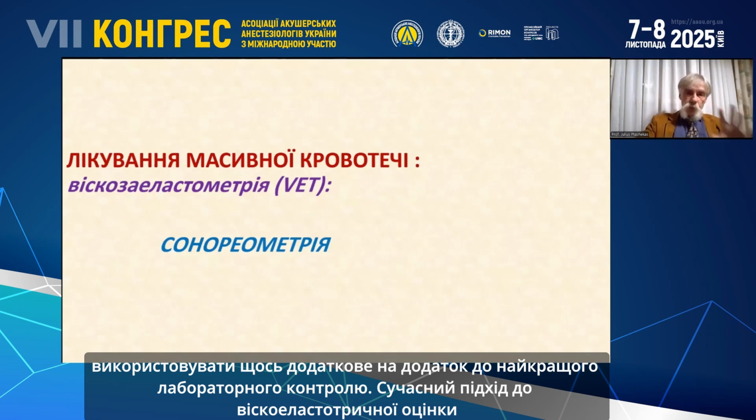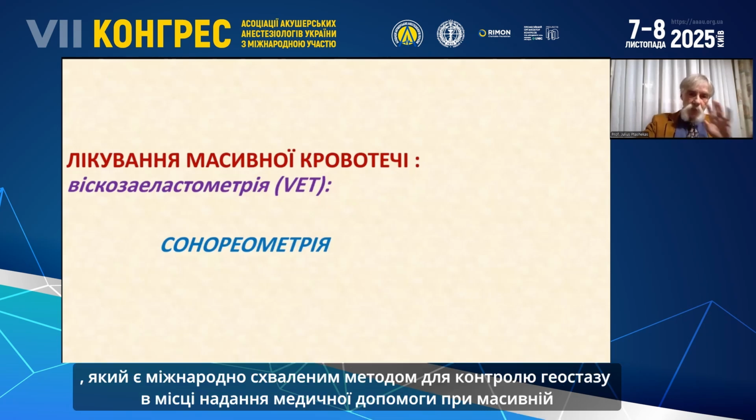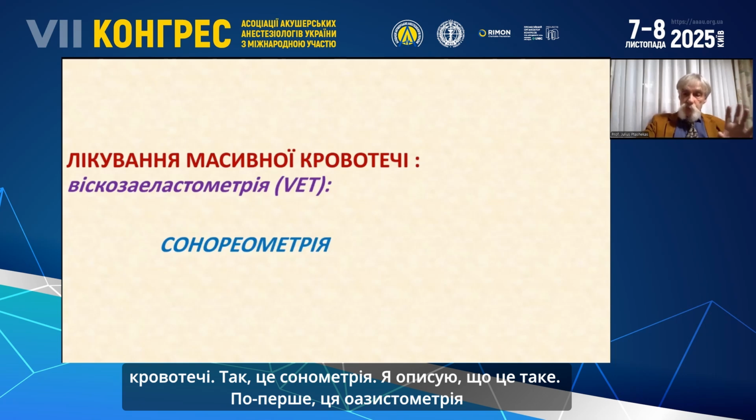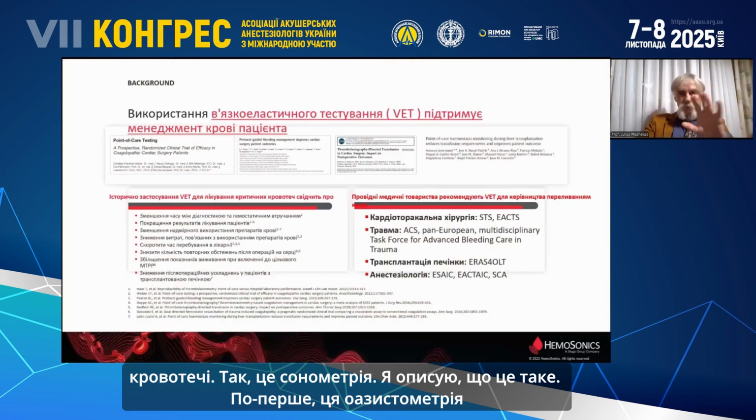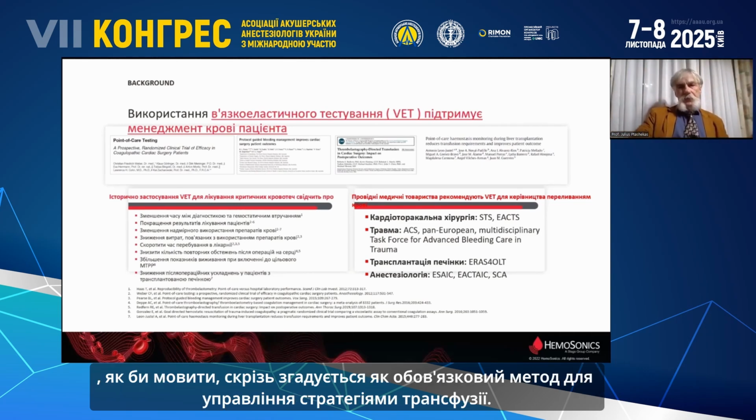The modern approach is viscoelastometric evaluation, which is an internationally approved method for point-of-care hemostasis control in massive bleeding, yes, it's sonorheometry. I'll describe what it is. First of all, viscoelastometry is cited everywhere as a must method to manage transfusion strategies.